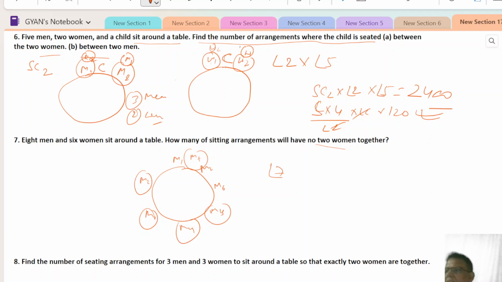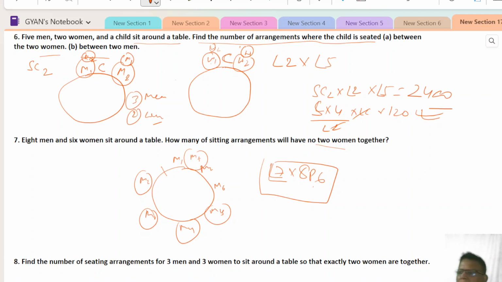Factorial 7 ways. So how many places are there now? 8 places are there. In 8 places, 6 women have to sit. So 8P6. So this will be the answer.